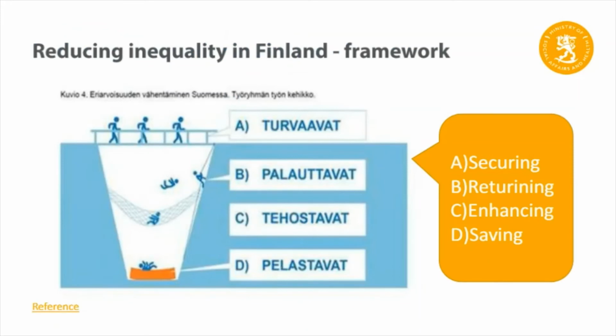And the last one, I'll try to be very quick, is about what we should do, what kind of framework we should choose if we want to reduce inequality in Finland. The aim was to describe that we need different kinds of actions.